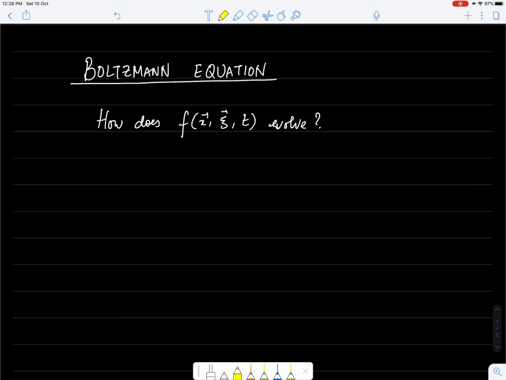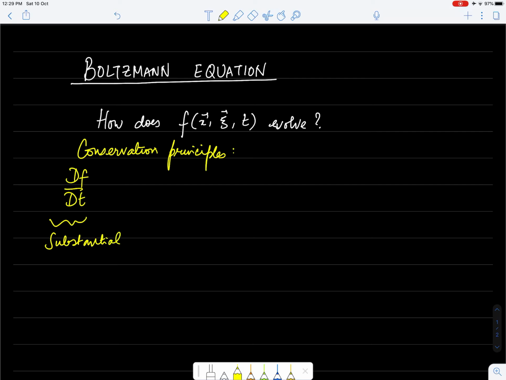Now the way we can start is we look at a very basic conservation principle. If I apply conservation principles to the variable of interest, which is the distribution function, I can write the total change in f, which means the substantial derivative, or sometimes known as the material derivative.